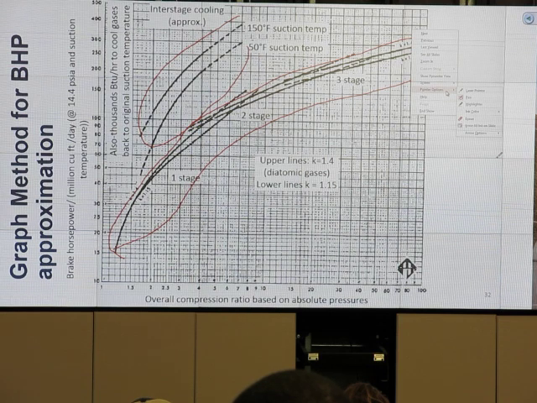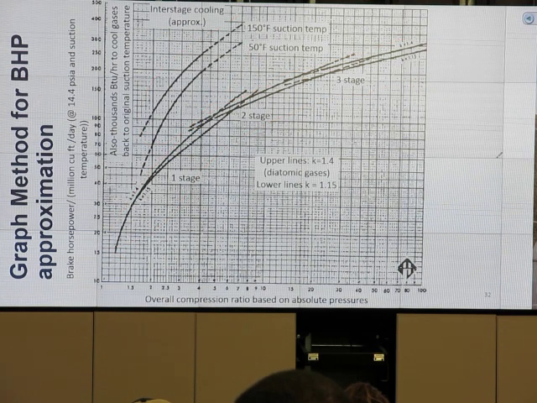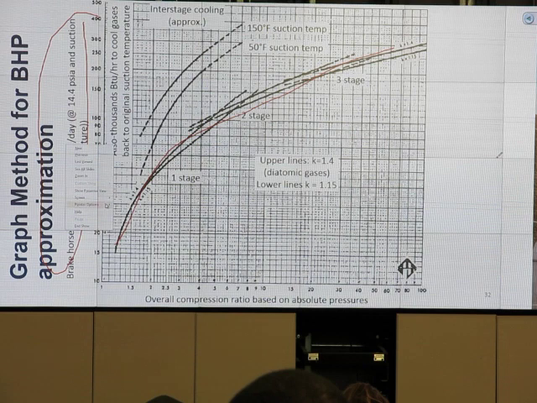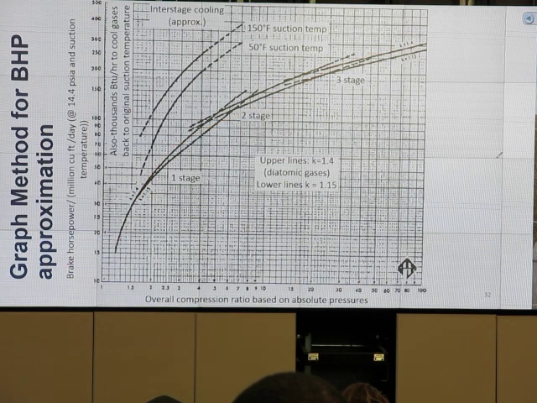We use the same axis but a different unit: 1000 BTU per hour to cool the gas back to the original suction temperature.